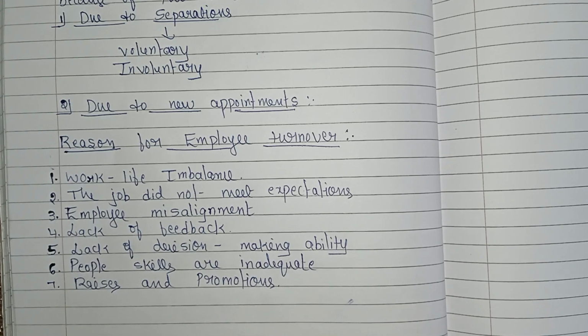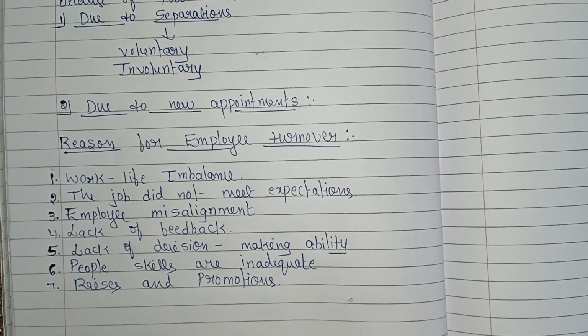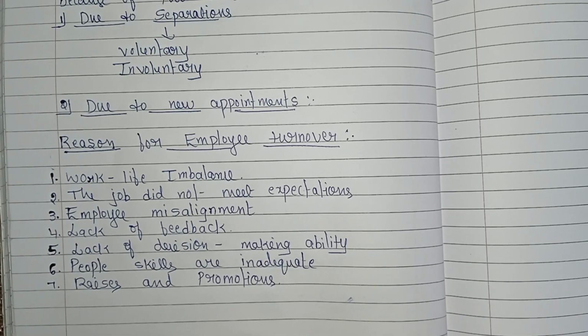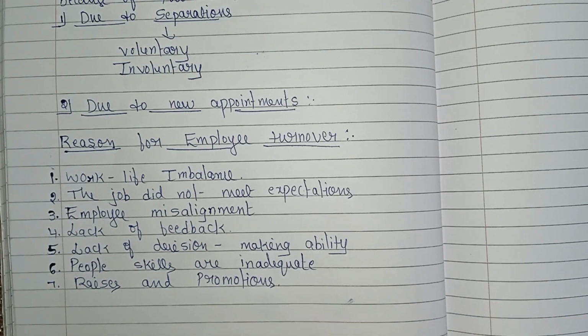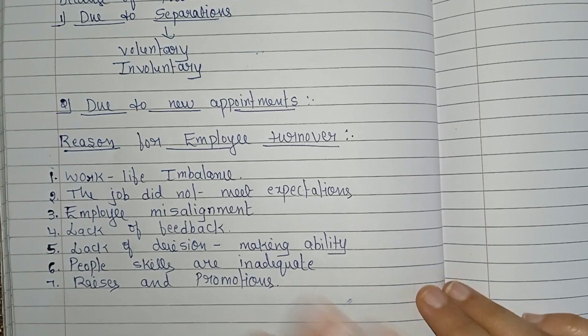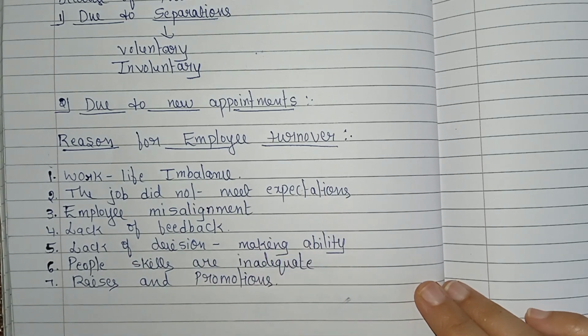The employees have the ability to make decisions but are not given the freedom, so they leave and search for another job where their input is respected. Clear? That is lack of decision making ability.